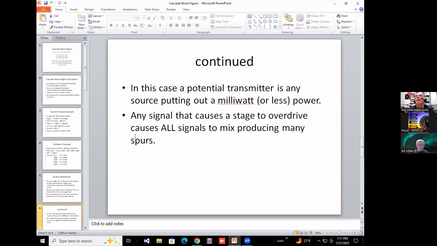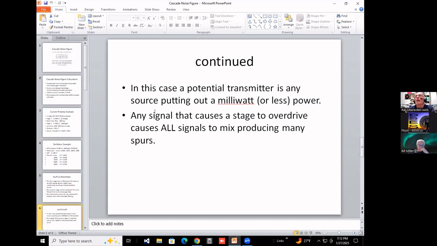Now, continue. In this case, a potential transmitter is any source putting out a milliwatt or less. In other words, you can have very small transmitters, even computers, down there, with enough energy to get up there. And when we get the cascaded gain, if it happens to put out a signal within the passband, 300 to 400 megahertz in this case, excuse me, it could cause intermod issues up there.